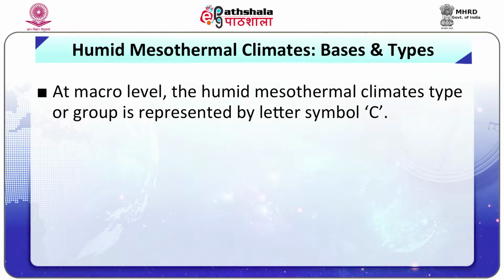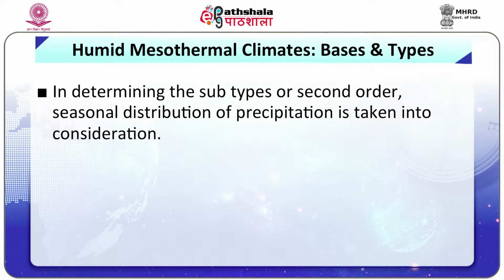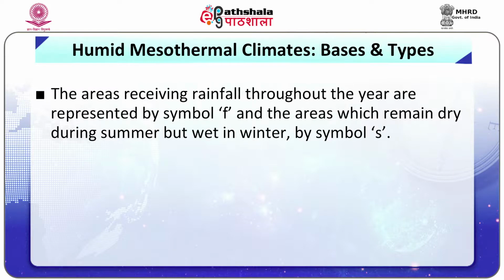At macro level, the humid mesothermal climate type or group is represented by letter symbol capital C. In determining the subtypes or the second order, seasonal distribution of precipitation is taken into consideration. The areas receiving rainfall throughout the year are represented by symbol f, and the areas which remain dry during summer but wet in winter are represented by symbol s.